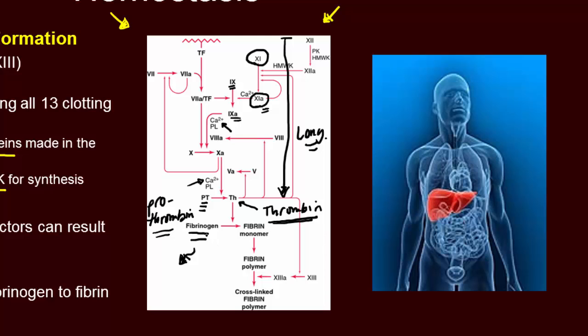We activate fibrinogen, a soluble molecule, to form fibrin. Fibrin is an insoluble protein that will polymerize. If we build one fibrin molecule and another, they'll attach to each other and form a large fibrin polymer.